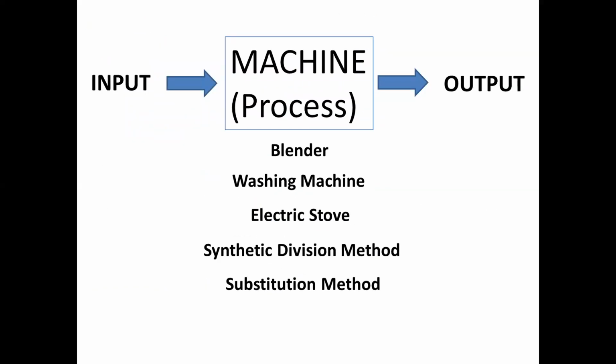The input and then the output. Saan i-input? Yung data sa machine. Because the machine, its function is to process. Halimbawa, yung blender, washing machine, electric stove, synthetic division method, the substitution method, and then ang output. Okay?